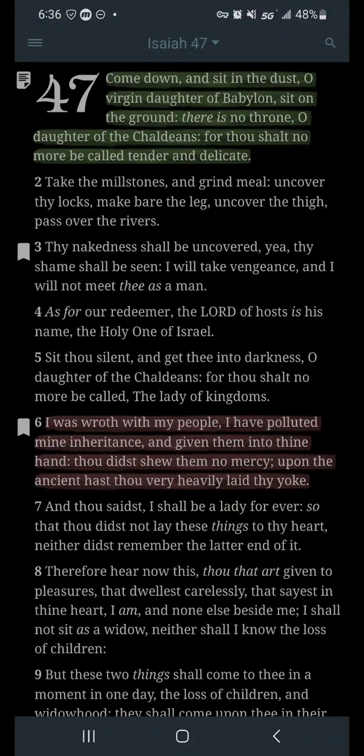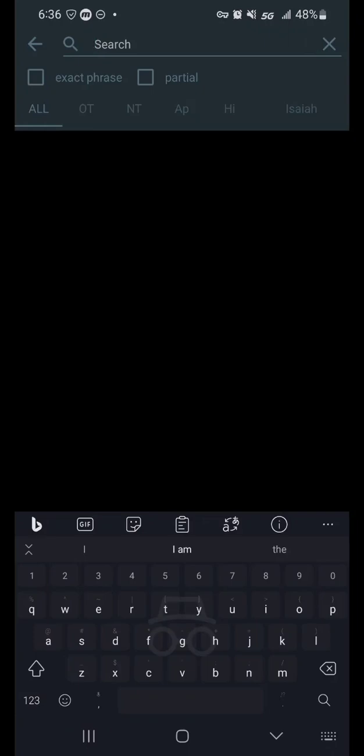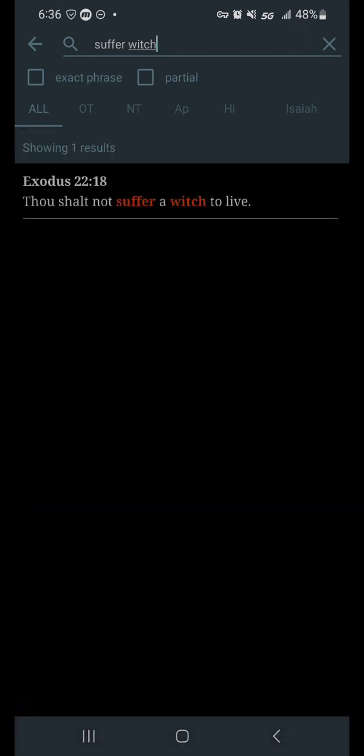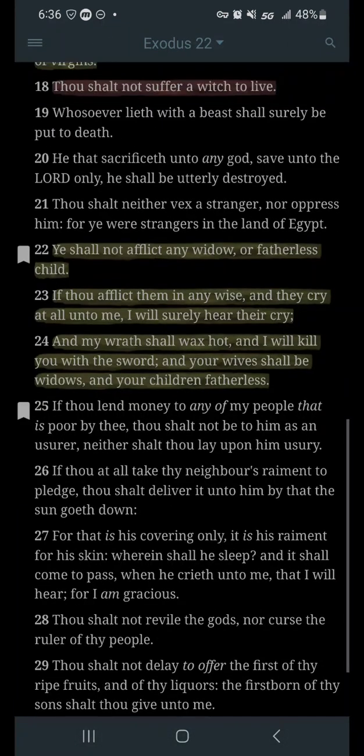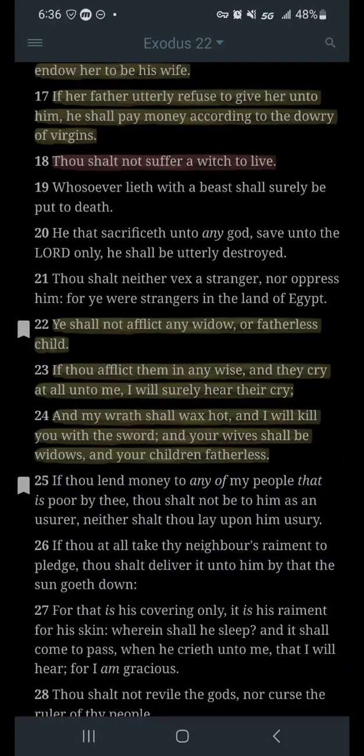And before I jump to Isaiah 47, we jump over to Exodus 22:18. Thou shalt not suffer a witch to live. Practicing witchcraft is an automatic death sentence according to Yahweh Bashem Yahushai. And Babylon promotes witchcraft, man.